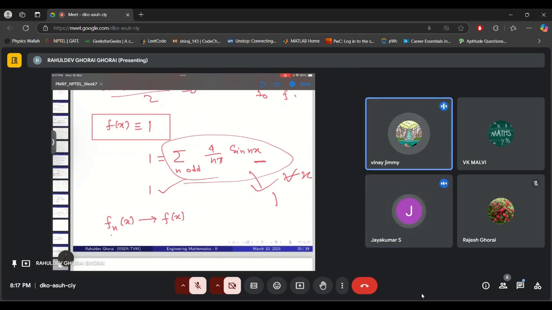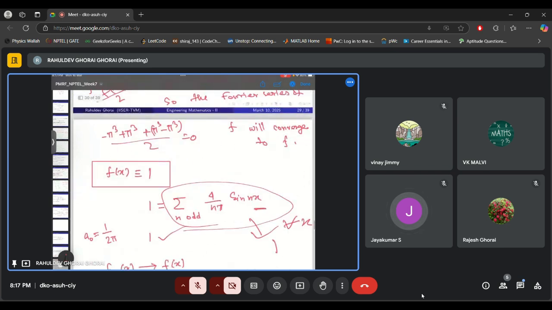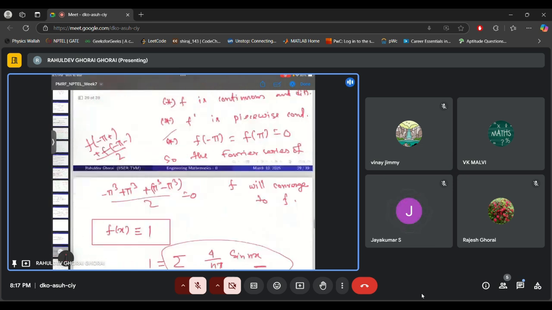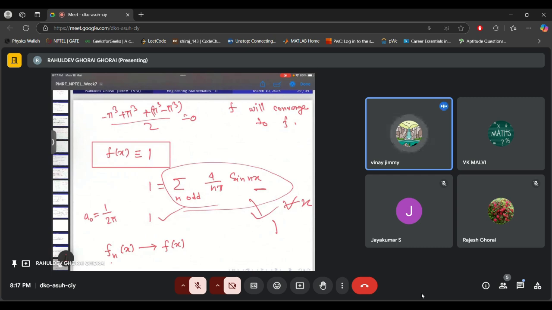Sir, a naught will not be 1, sir. A naught, yes. So what was the a naught formula? 1 over 2 pi. Which question are you doing? Yes, so 1 over 2 pi, f(x) equal to 1 you asked for.